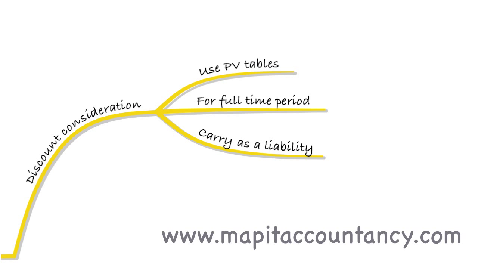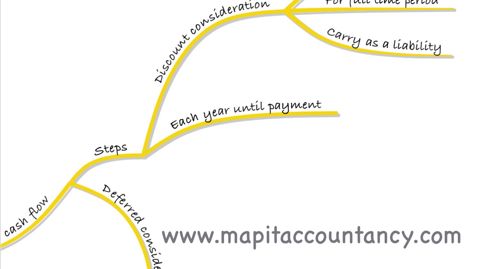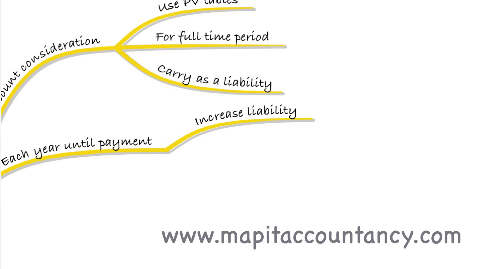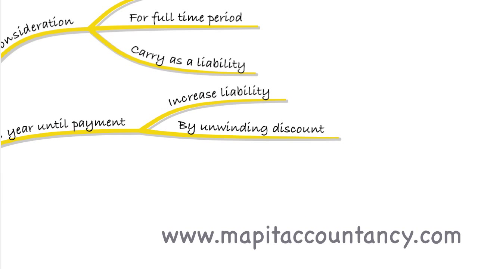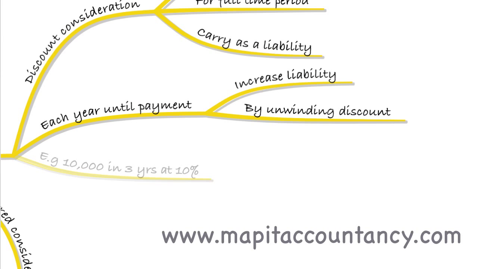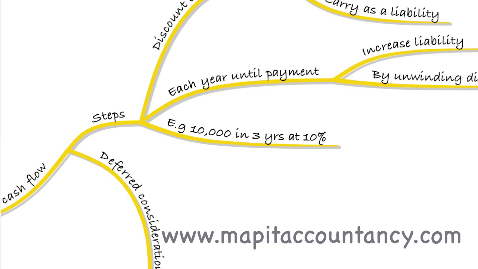With that liability, every year until payment, you increase it by unwinding the discount. So we did an example of that, 10,000 in 3 years at 10%. Let's just run through that very quickly now.